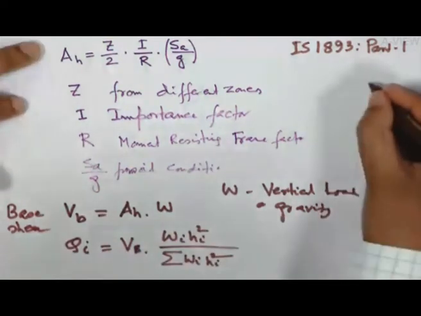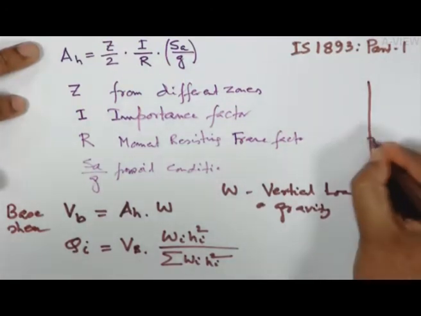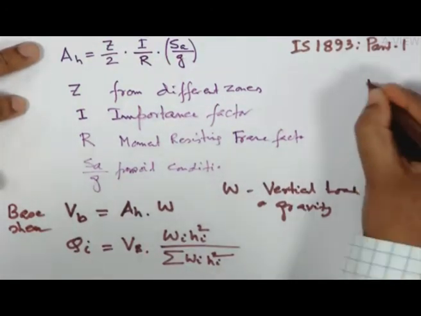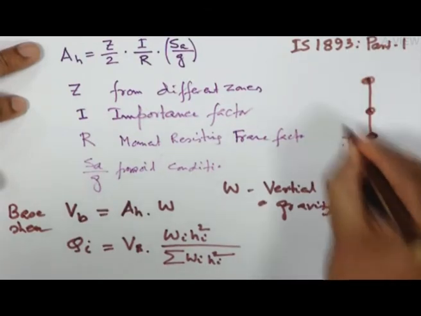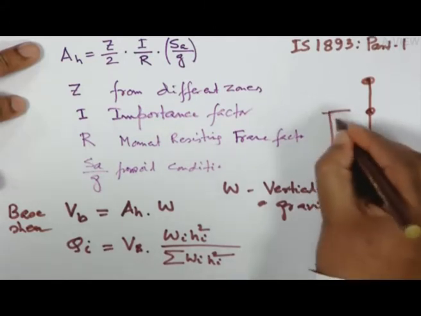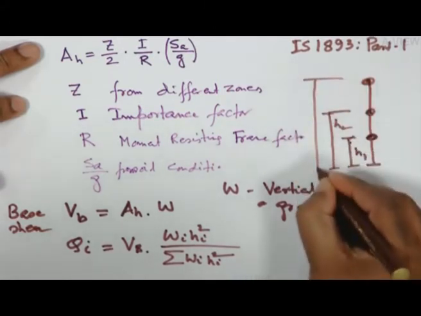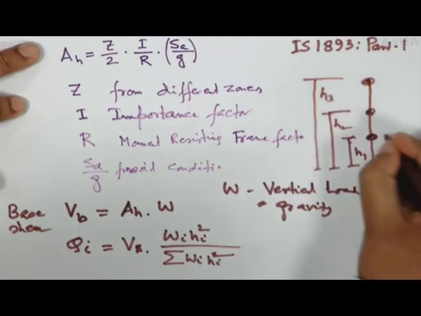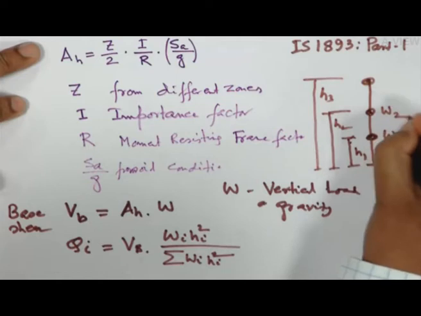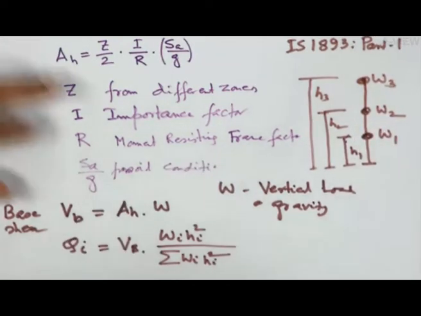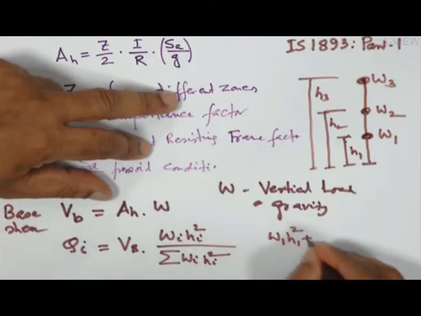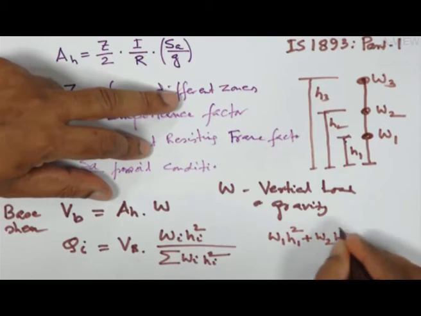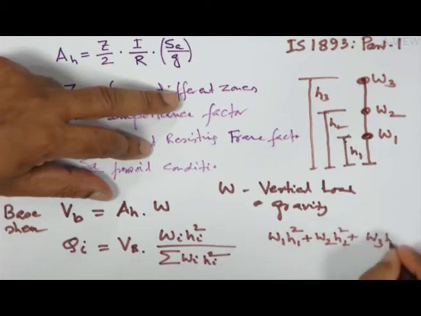That means here we have this structure, and if I consider this one H1, this one H2, and this one H3, and let us say this is W1, this is W2, this is W3, then I can find W1 H1 square plus W2 H2 square plus W3 H3 square.